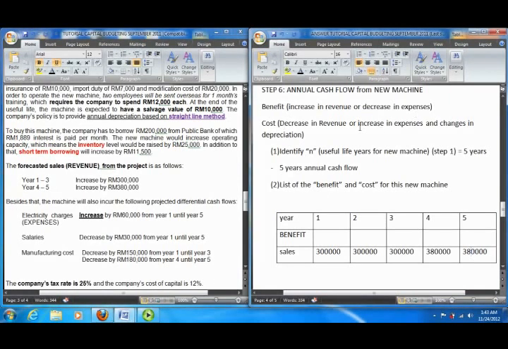Because as you can see, cost is what, class? Increase in expenses. Alright, next, salary. What is salary, class? Category expenses. When your salary is expenses, you must see the effect, either decrease or increase. Oh, it's a decrease. When there is a decrease in expenses, we can put it as benefit. Clear? So you can put it in this column, row. Alright? So salary.